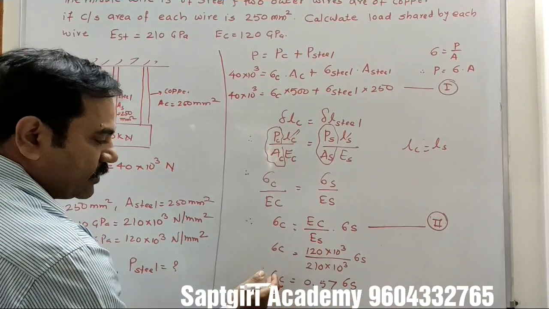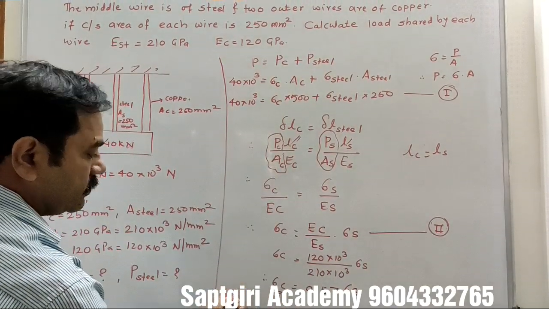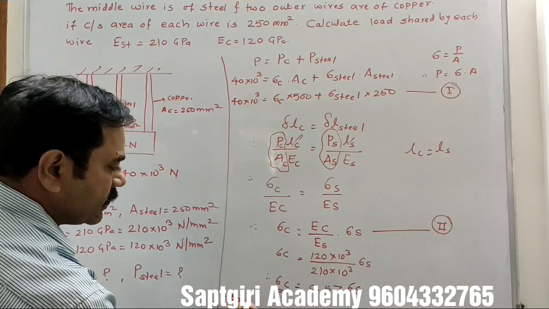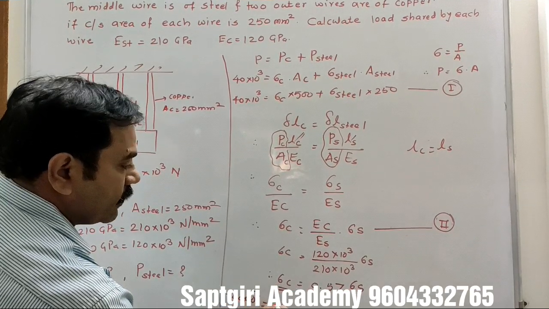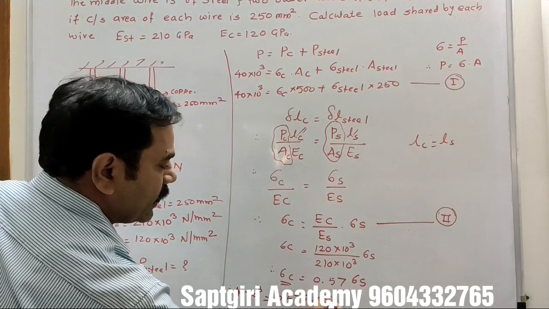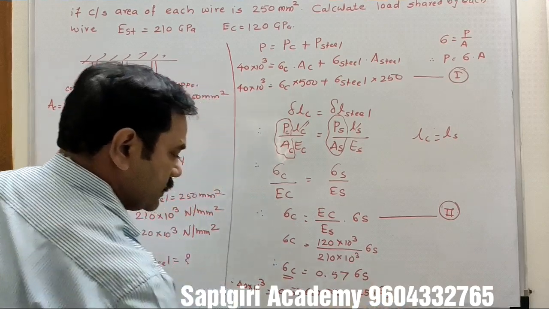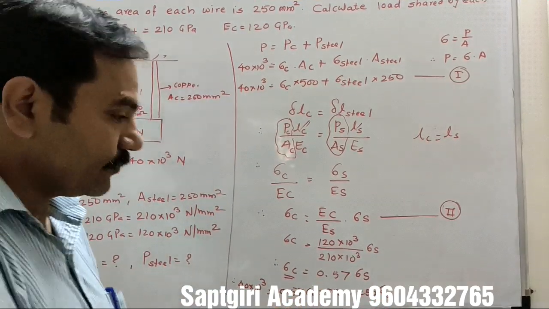So we put this sigma C in equation number 1. We get 40 into 10 raised to 3 equal to 0.57 sigma S into 500 plus 250 sigma S.